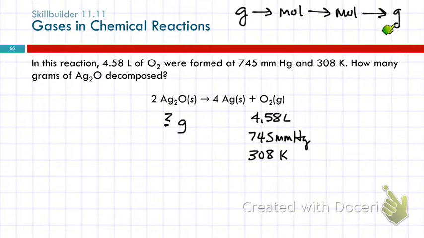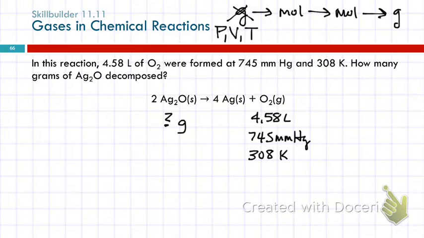And we are trying to find grams of Ag2O, so that's fine, but we're not given grams of oxygen. So instead of grams, we've got the pressure, the volume, and the temperature. We're going to use the ideal gas law to convert to moles, and then we can jump in with regular stoichiometry.